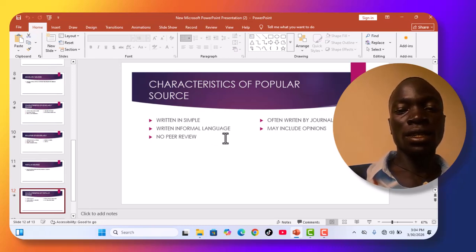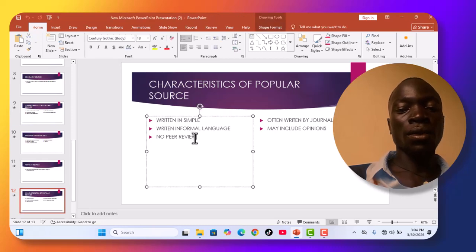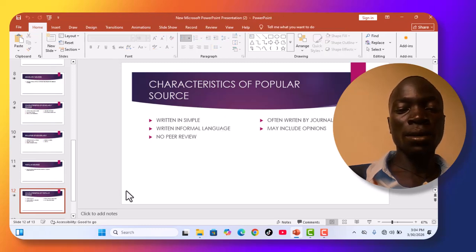Another characteristic is that there is no peer review. It should not be scam information, or a lie to the community, because that is what leads a community in the right direction.